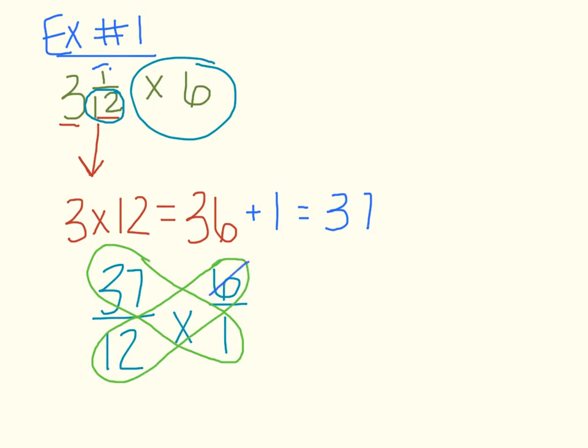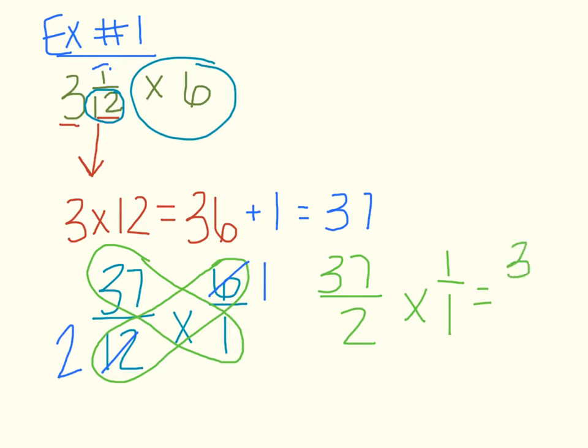So 6 divided by 6 is 1, and 12 divided by 6 is 2. So I'm going to rewrite my fractions. I have 37 over 2 times 1 over 1. And when I multiply straight across, 37 times 1 is 37, and 2 times 1 is 2.